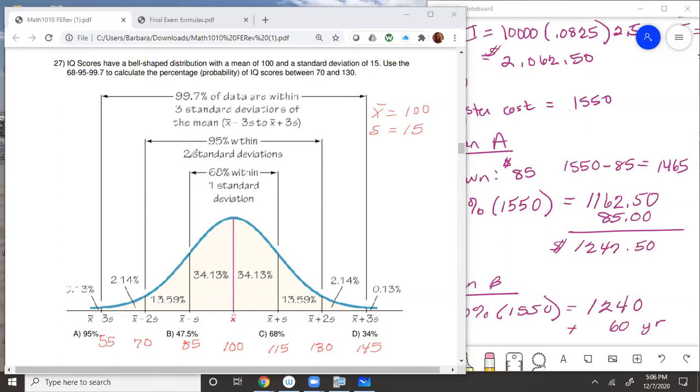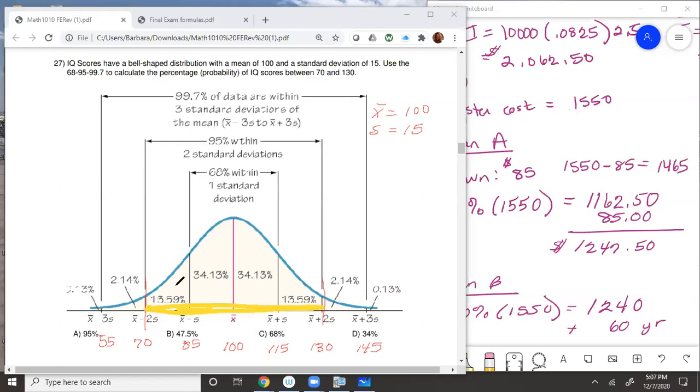Okay, and so they want the percent between 70 and 130. All right, so we're talking about all the scores that are from 70 to 130.